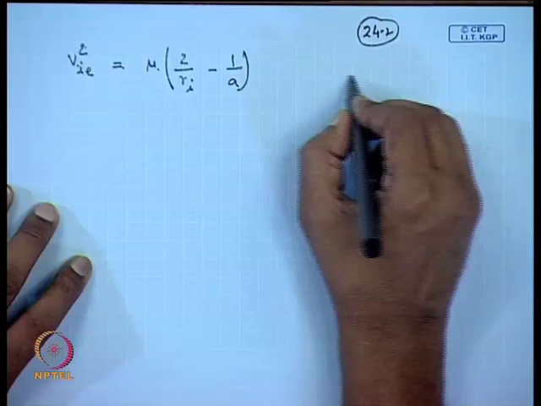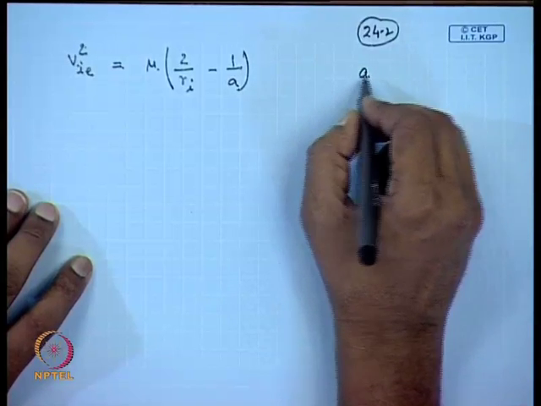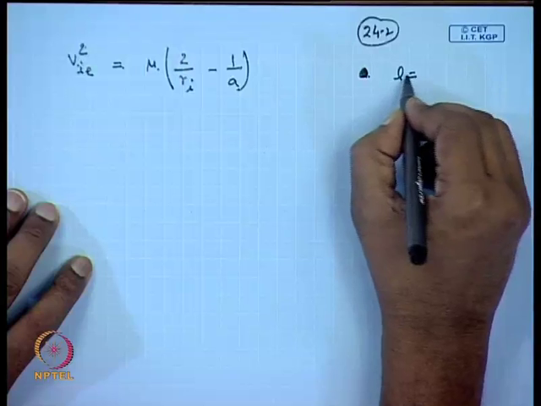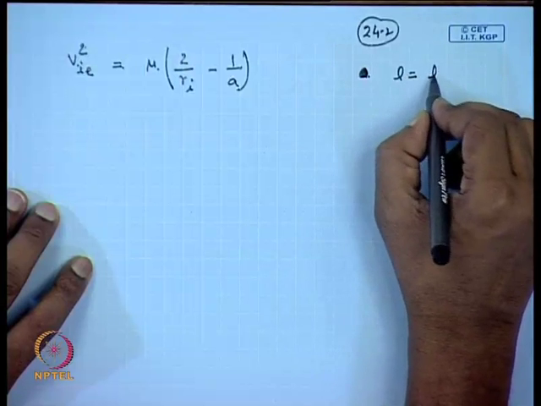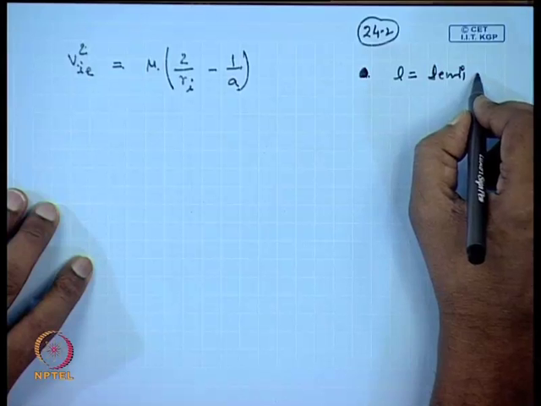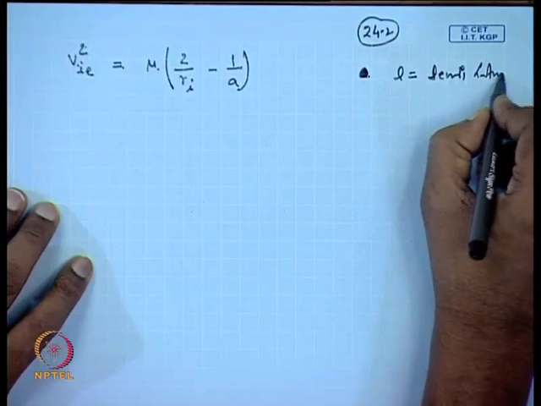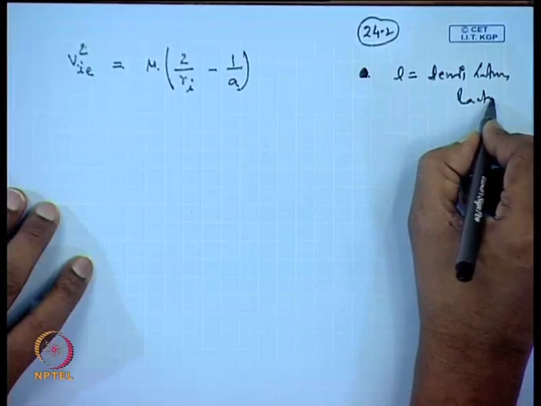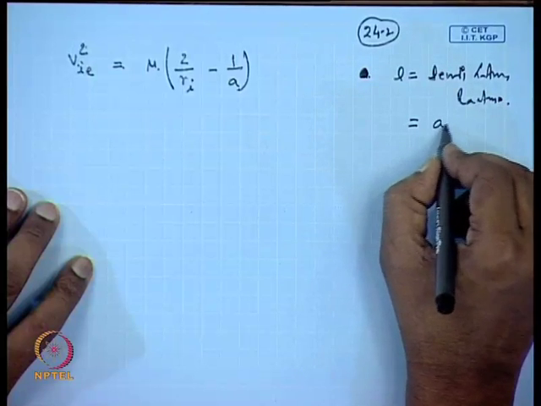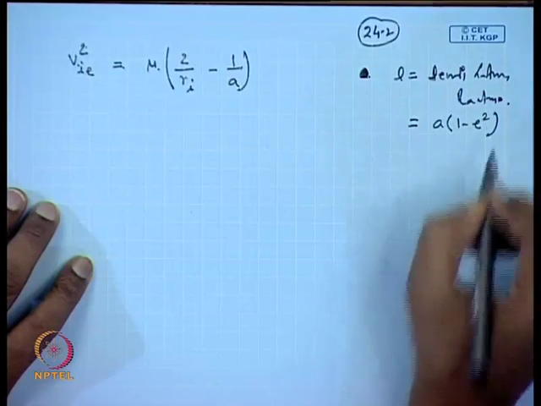Now, a we can express, or rather say L, the semi latus rectum, is equal to a times 1 minus e squared.